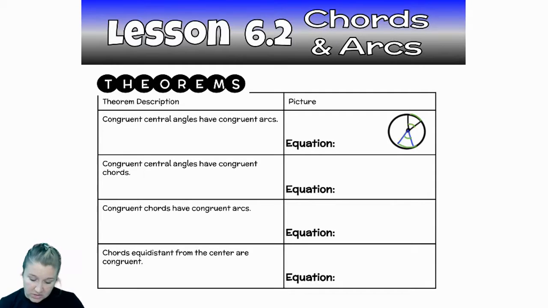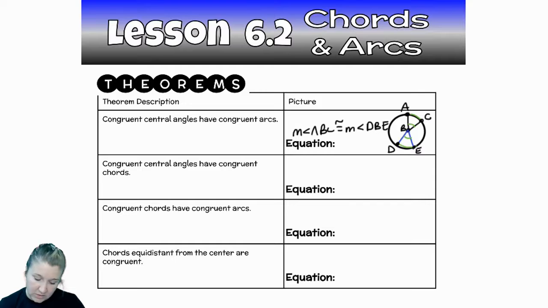Okay, so just a quick review. Here, let's put some letters to this. Let's say that this is A, this is B, this is C, this is D, and this is E. So basically, the measure of angle ABC is going to be congruent to the measure of angle DBE.